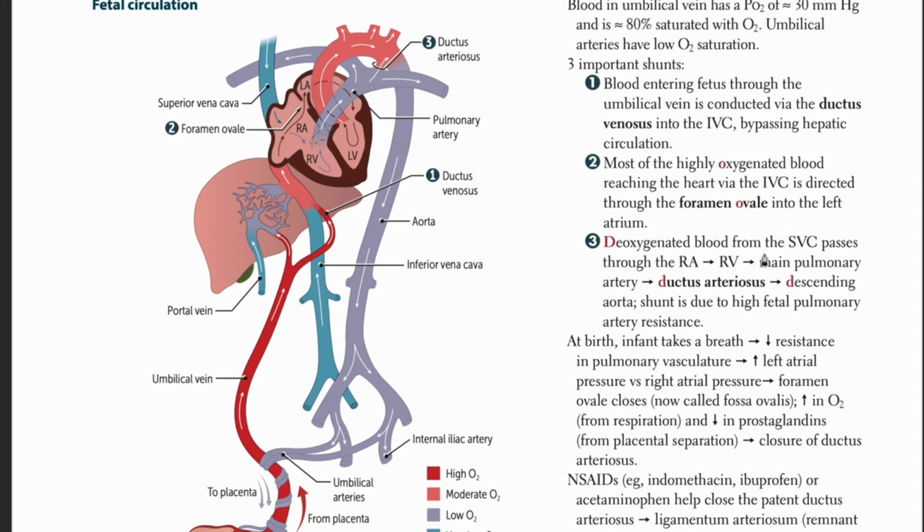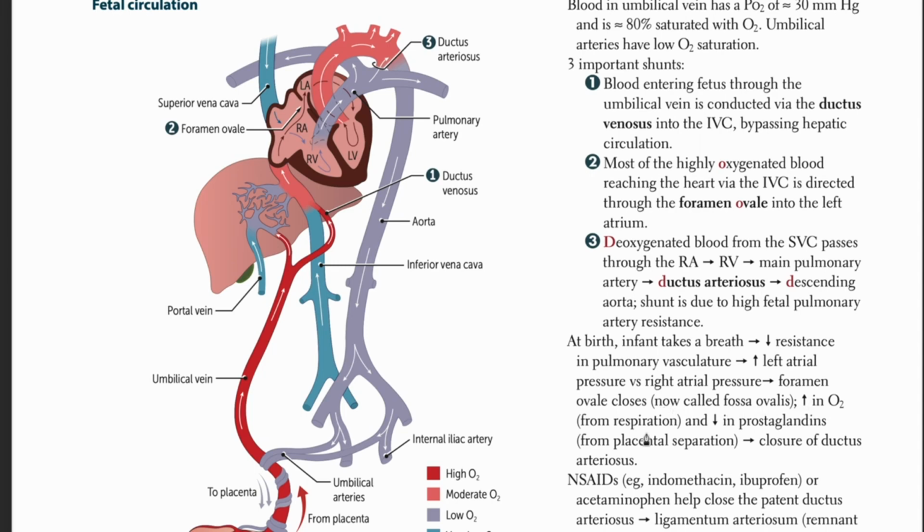Which wasn't much. So now there's an increase in pressure because now it's getting it from the lungs itself, right? So that's why there's an increase in left atrial pressure versus the right atrial pressure. So now the shunt is going to reverse. Okay, so left atrial pressure is increased versus the right atrial pressure. So then the foramen ovale closes, now called the fossa ovalis.